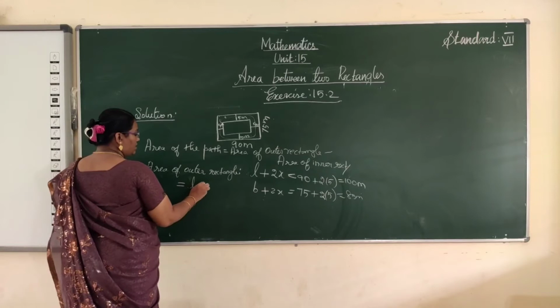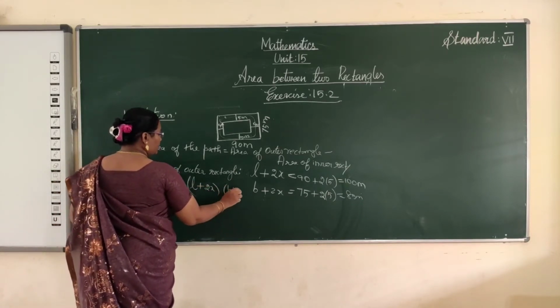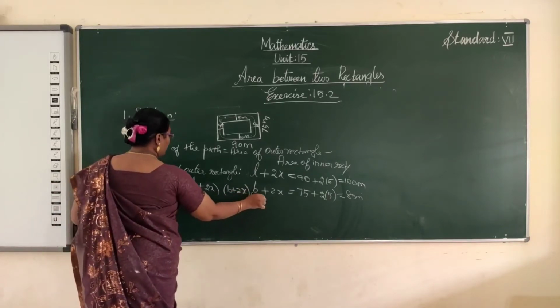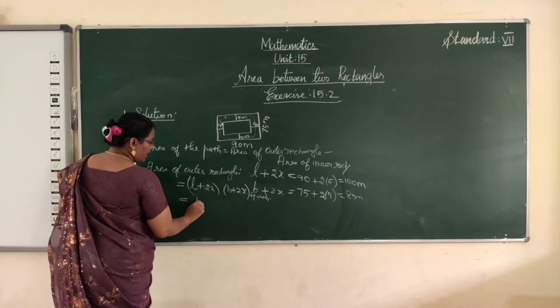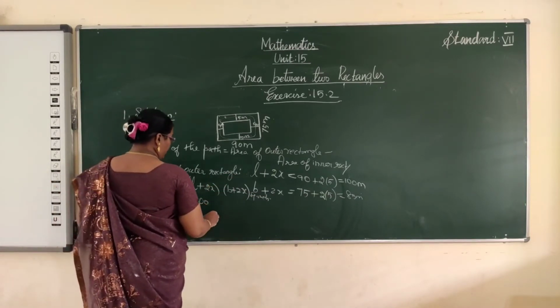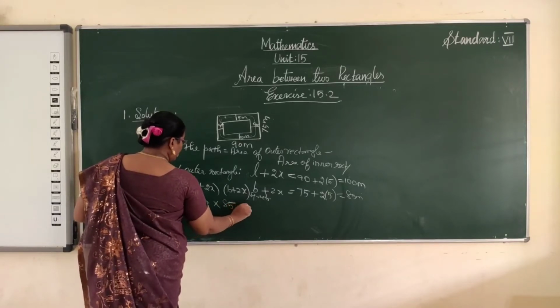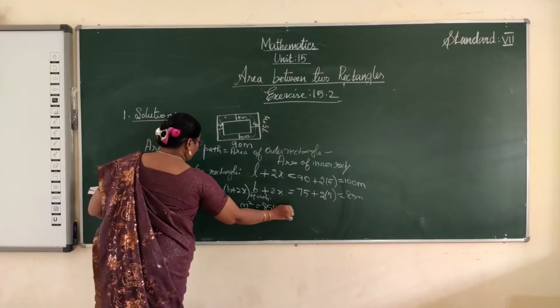L plus 2x into b plus 2x square units. L plus 2x value is 100, into 85 meter square. So 8500 meter square.